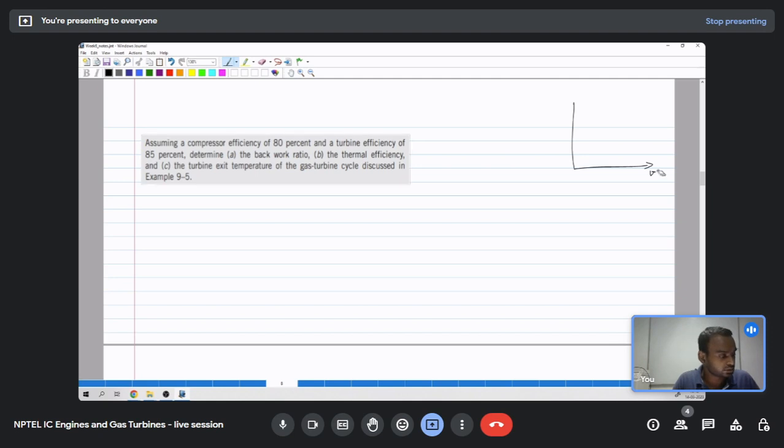I would represent this in a TS diagram. So we had compression at constant entropy, then constant pressure heat addition, then isentropic expansion, and then constant pressure heat rejection.